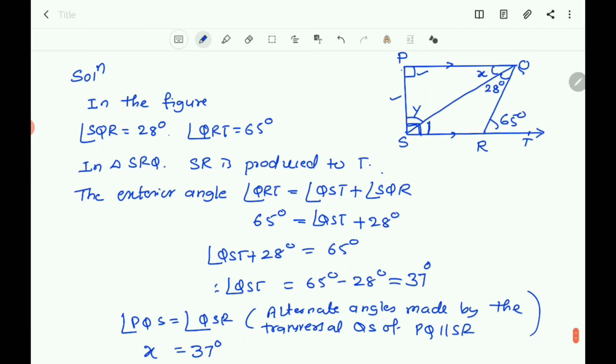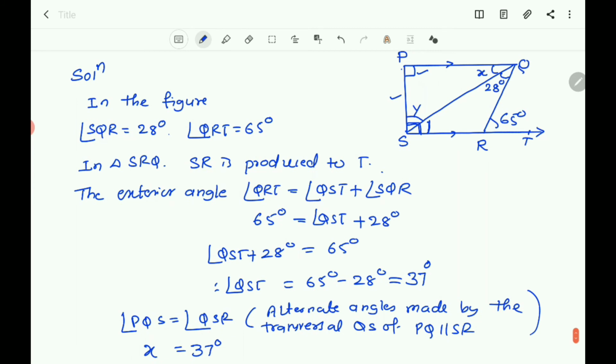Subtracting this angle from 90 degrees, you will get the angle y.